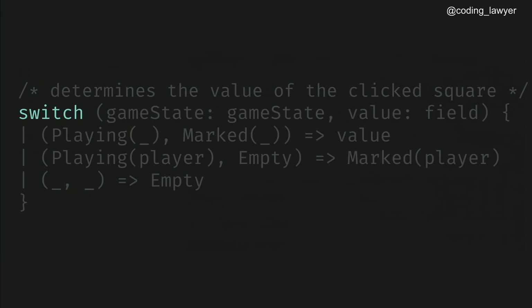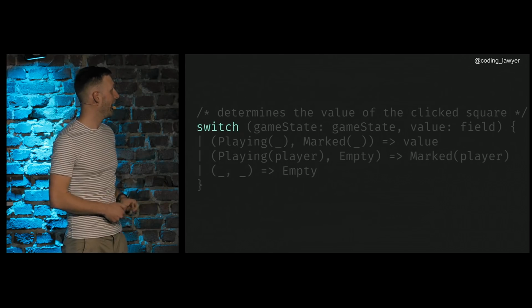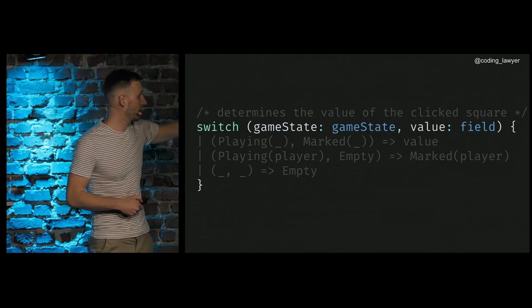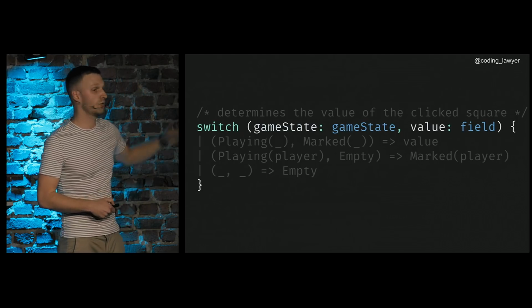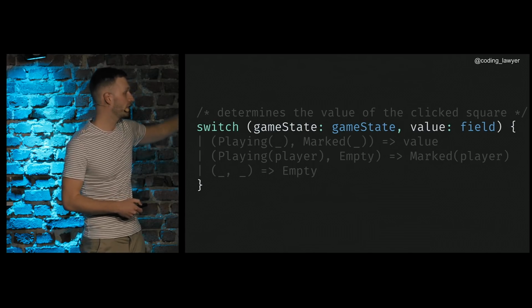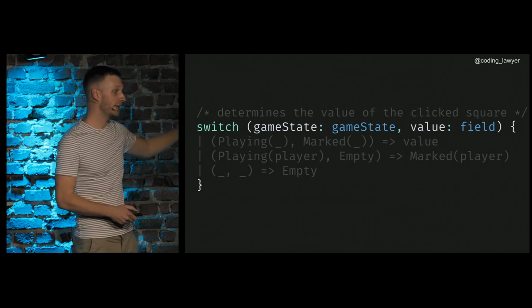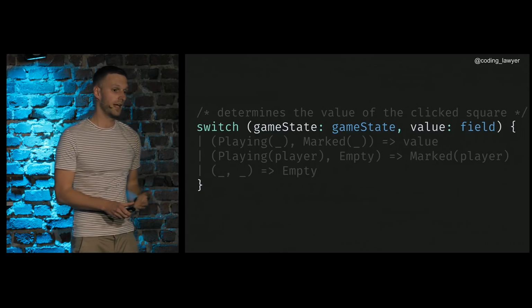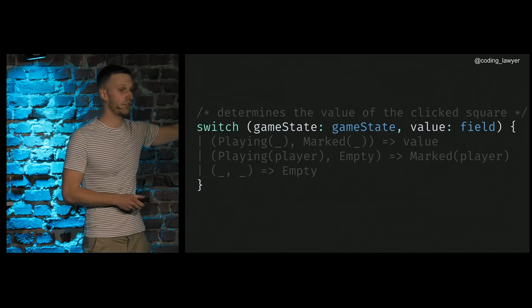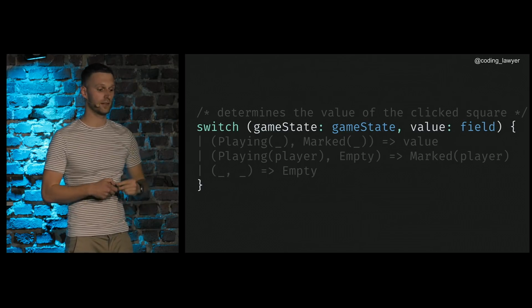We use a switch expression for that, and then we pass our data, and this data structure is called a tuple. It's Reason's data structure, and it's two pieces of data separated by commas in the parentheses. So our data is game state and value, and as you can see, they are both of the types we've defined: game state, type of game state, and value, type of field.